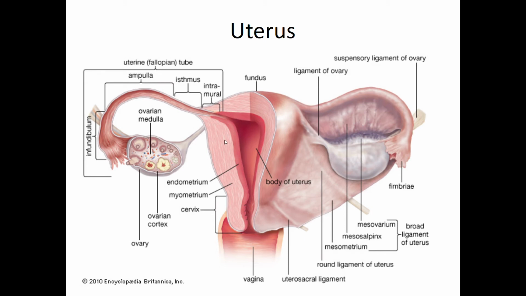So the uterus also has that secretory epithelium, but it's got this thick muscular wall. Now the fallopian tube also had some muscle that was pushing the egg along with the cilia.